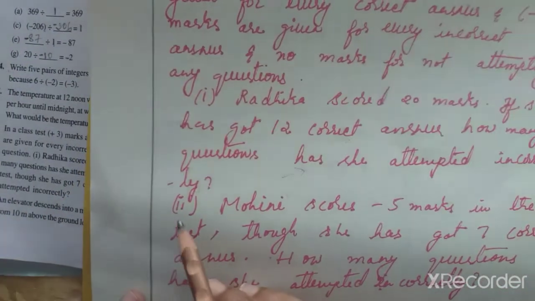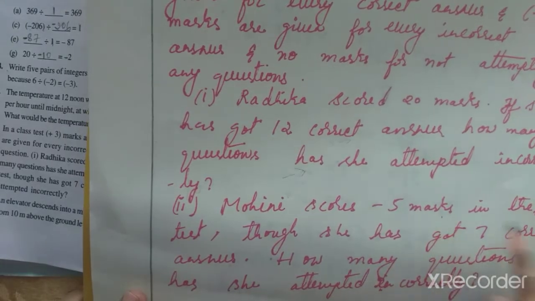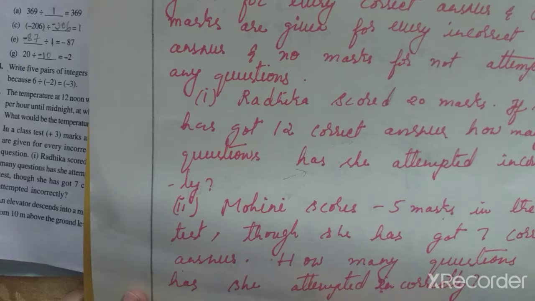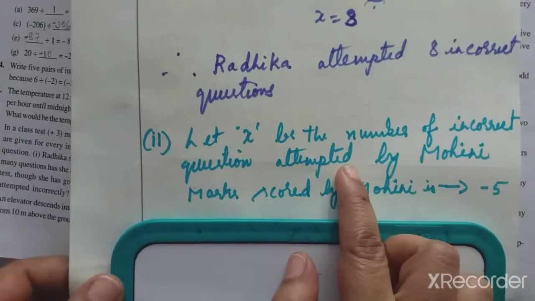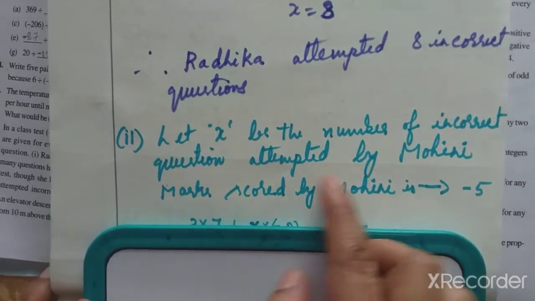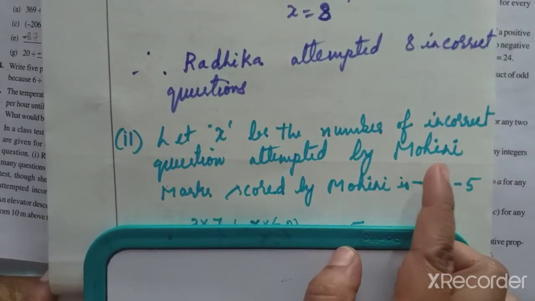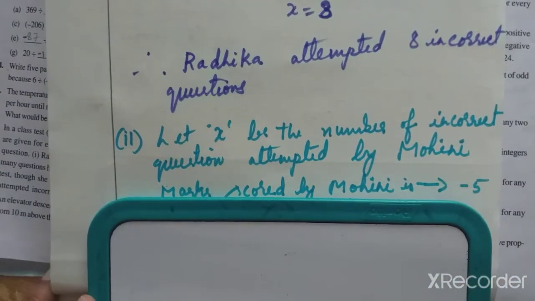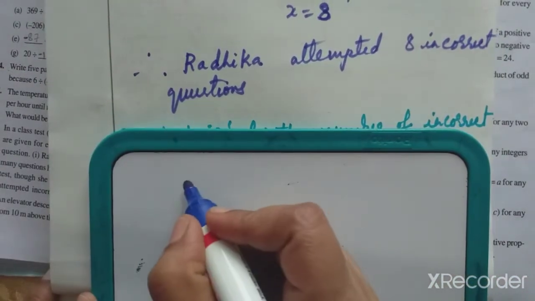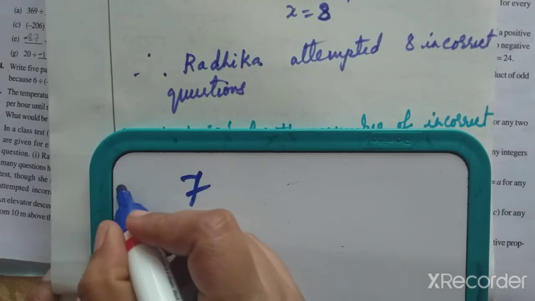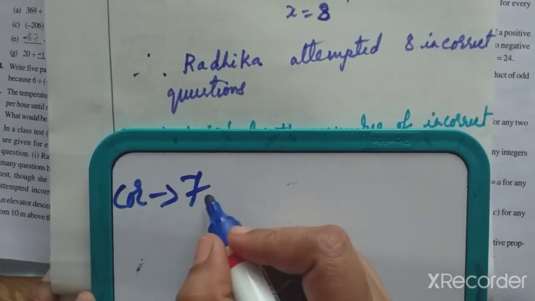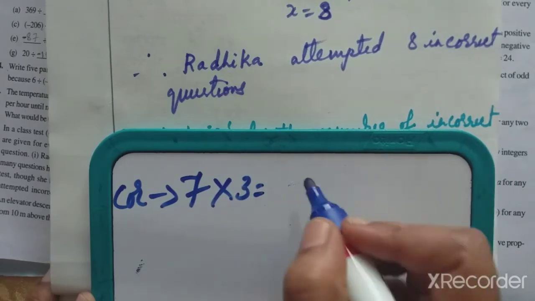Now in the second question, Mohini scores minus 5 marks in the test. Though she has got 7 correct answers, how many questions has she attempted incorrectly? So here let x be the number of incorrect questions attempted by Mohini. 7 correct answers, so 7 into 3 is 21.